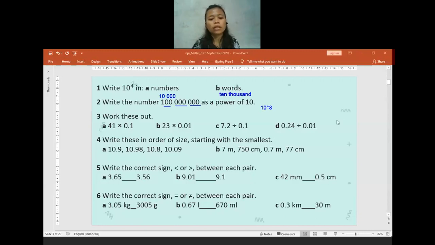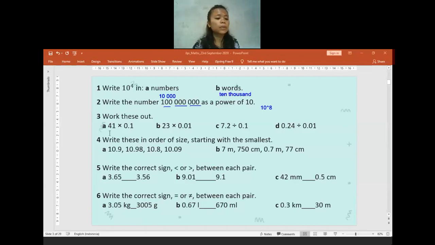I will continue to question 3. For question 3a, what number will it be? Anyone, feel free to tell me through the chat box, or you can unmute yourself. Okay, I have to answer now. Someone told me it will be 41, 4.1 or 410. Which one is it? This is multiplication.